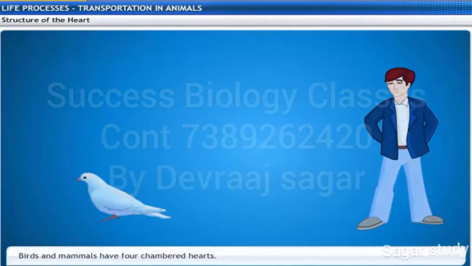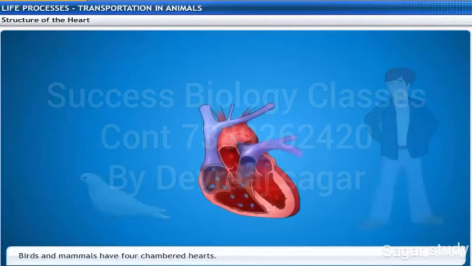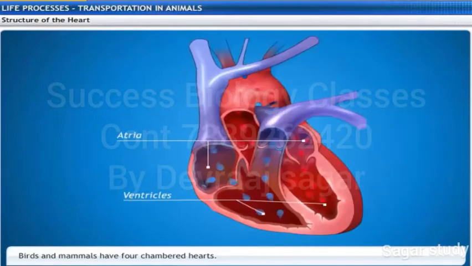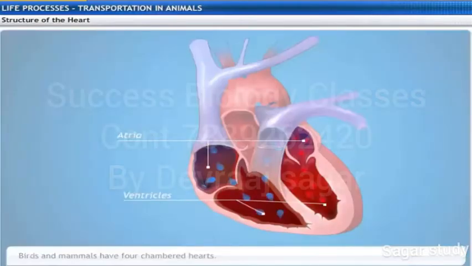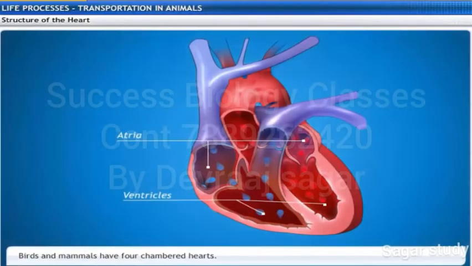All birds and mammals have four-chambered hearts that contain 2 atria and 2 ventricles. The atria and ventricles are completely separated so that oxygenated blood does not mix with deoxygenated blood.